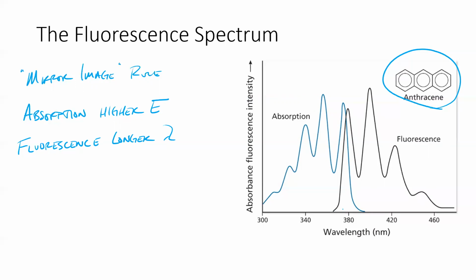Okay. So in order for us to have some emission here, can we excite at that same wavelength? What do we always lose in a fluorescence transition?